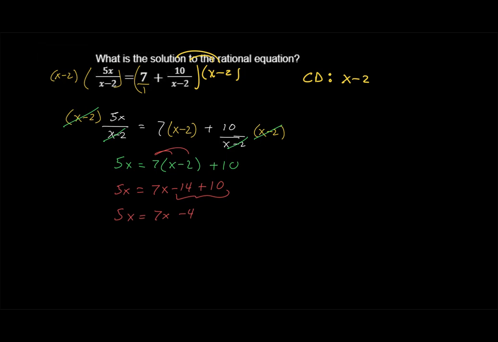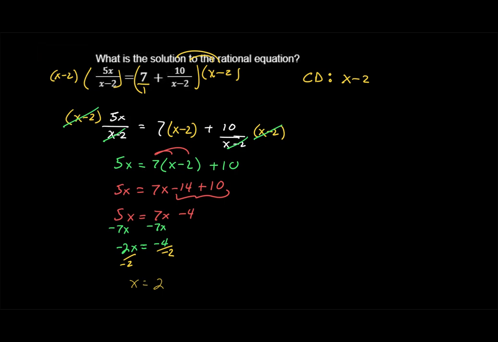Now this one happens to be a linear equation. There are no exponents, so I'm going to move all the x's to one side by subtracting 7x. So negative 2x equals negative 4. And then I just have to solve for x, and I'll do that by dividing by negative 2. So we have x equals positive 2.